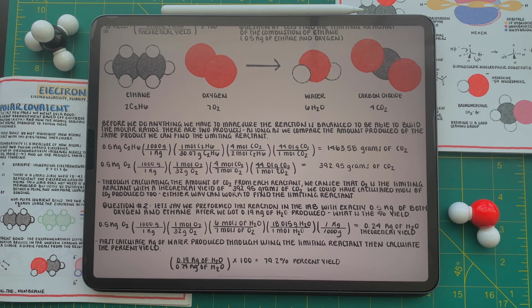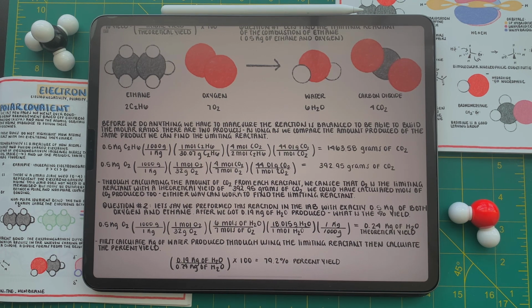For ethane, we need to convert kilograms to grams, grams to moles of ethane using its molecular mass, moles of ethane to moles of carbon dioxide from our relationship of the balanced chemical equation. In this case, it's a multiple of 2. Then convert moles of CO2 to grams of CO2, finishing at 1,463.58 grams of CO2 produced for 0.5 kilograms of ethane.